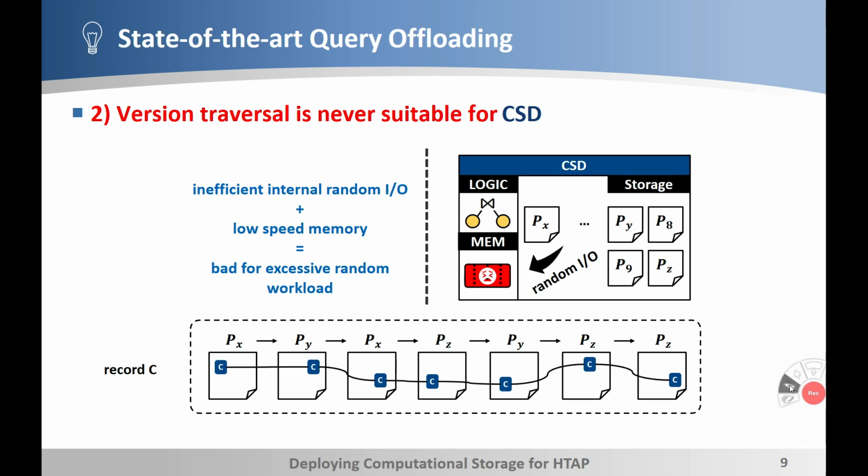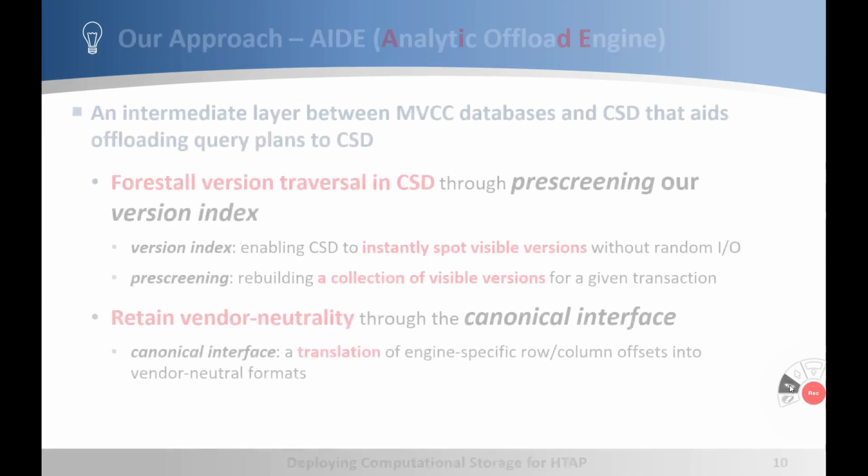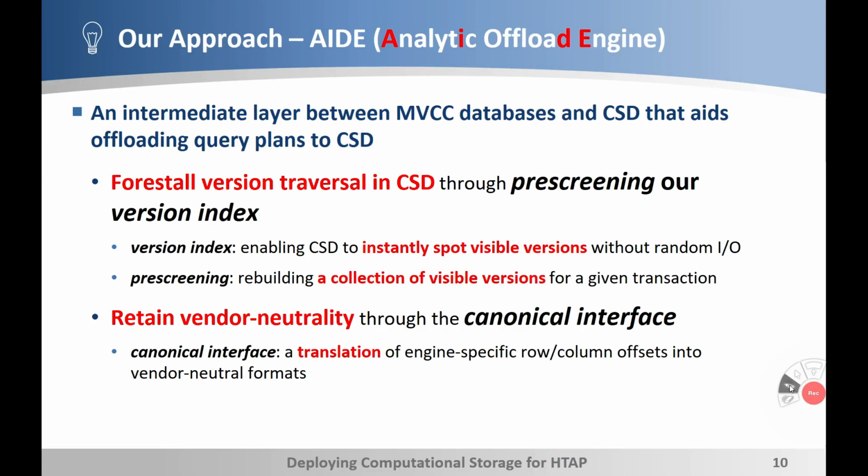So we can say CSD is unsuitable for frequent random reads and also for version traversal. In short, there has been no CSD-enabled solution that supports multiple MVCC database systems. The burden of implementing version traversal and vendor-specific logics in CSD must be the primary cause.